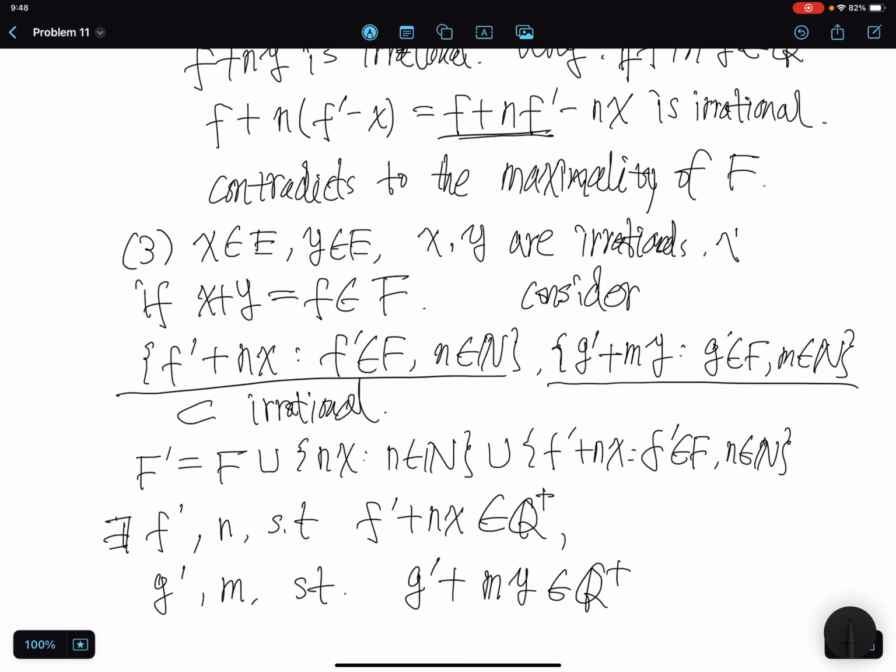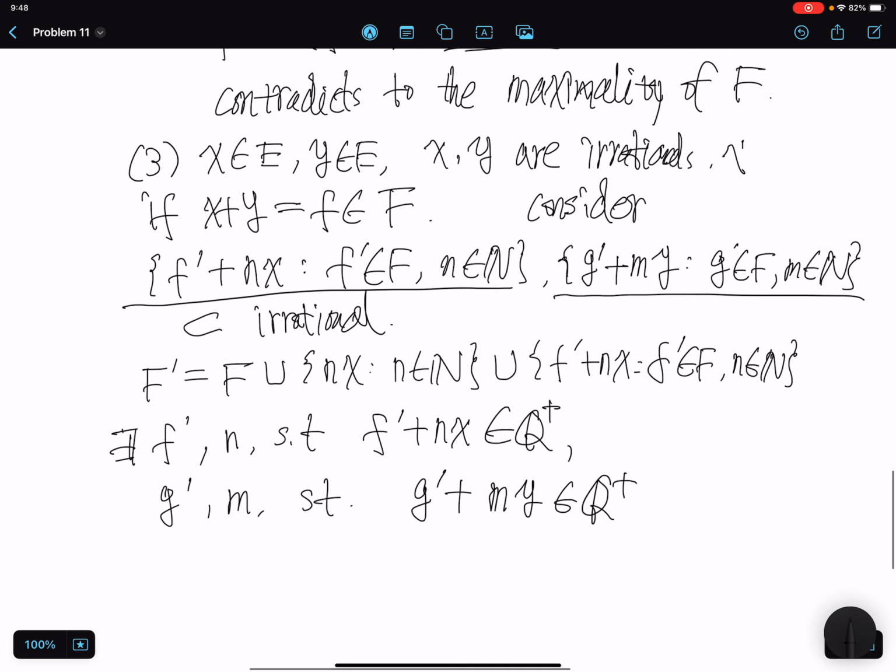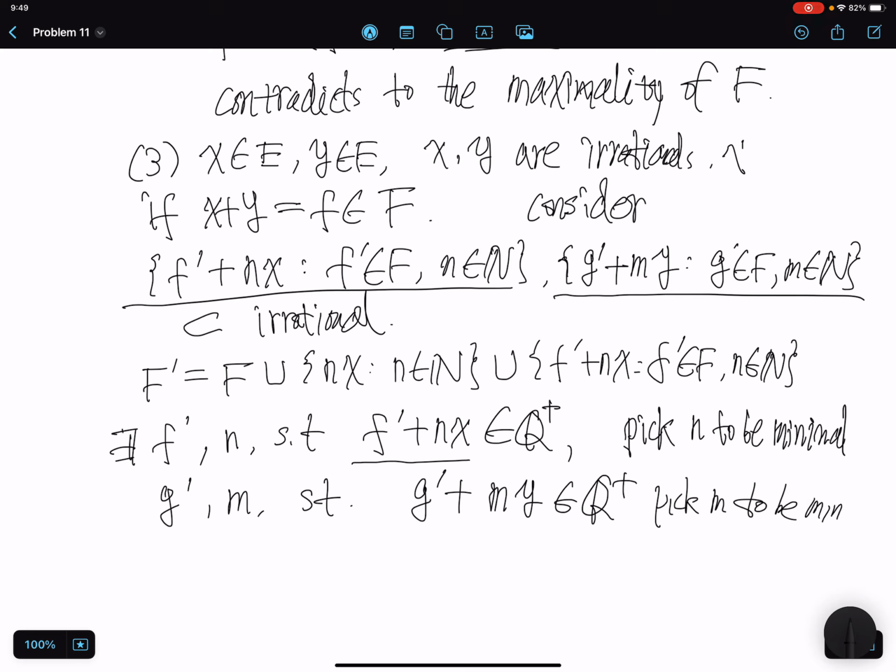So in this case, we can pick n to be the minimal. Because n is a natural number, you can always pick the smallest n such that f prime plus nx is rational, and then pick m to be minimal, the same, right?